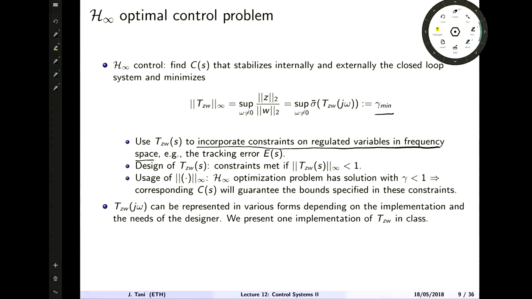This is still a bit cloudy, probably, to understand. You will see it very clearly now, but I have to state it in a general fashion first. So TCW can be represented in different forms. You as a designer, and that's your key part of work when you do H-infinity control, have to set up this extended system.